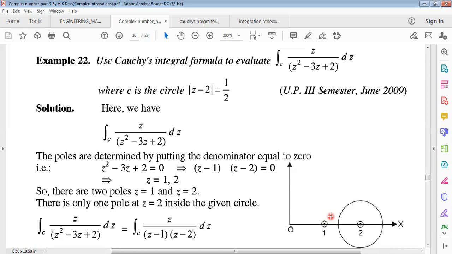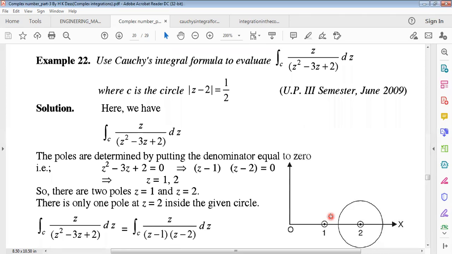So we can plot the poles of this given analytic function, 1 and 2, and this is the circle with half radius. There are only two poles, z equals 1 and z equals 2. There is only one pole at z equals 2 inside the given circle. Our given circle is the modulus of z minus 2.